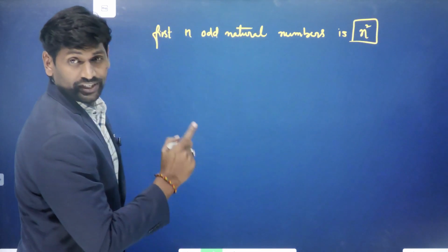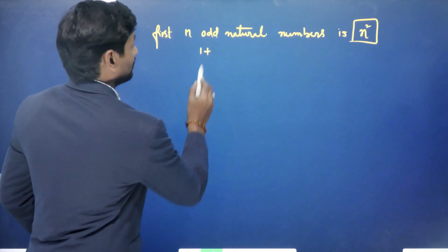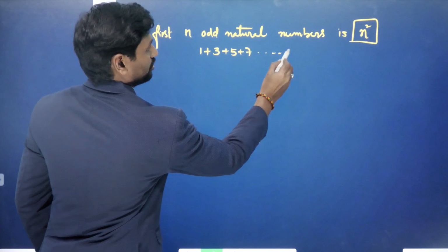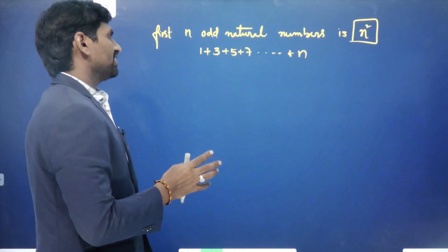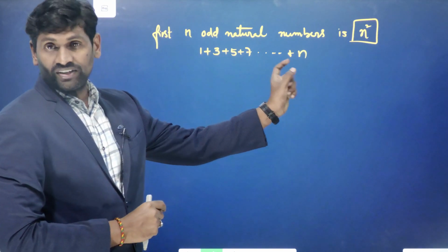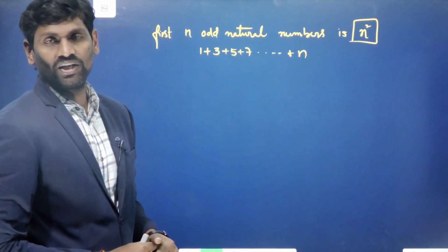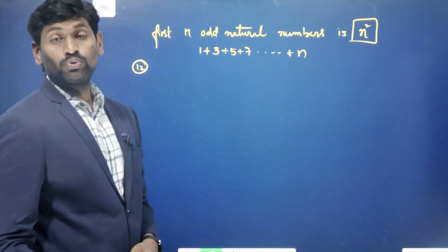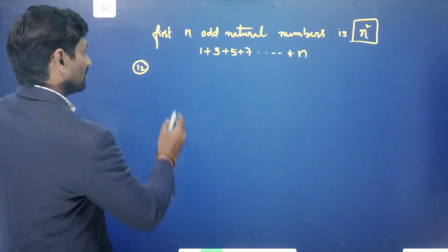That means if you take the odd numbers from the set of natural numbers, so 1 plus 3 plus 5 plus 7 and so on, up to the nth term. n can be 20, 30, whatever. The sum of the first n odd natural numbers is n square according to the formula. Now, which one are you asking? The sum of the first 20 odd natural numbers.